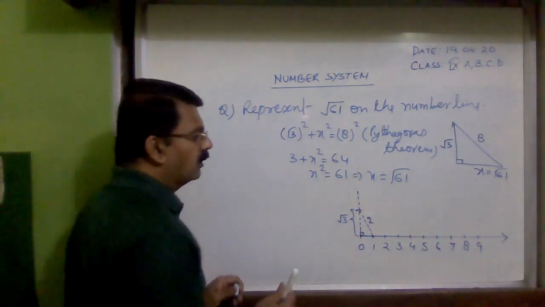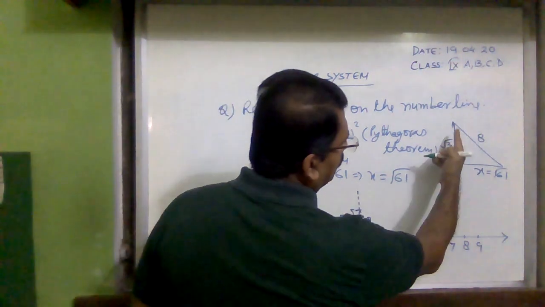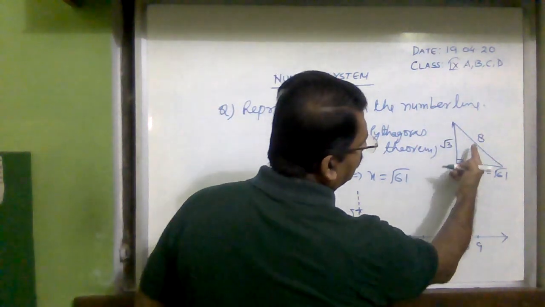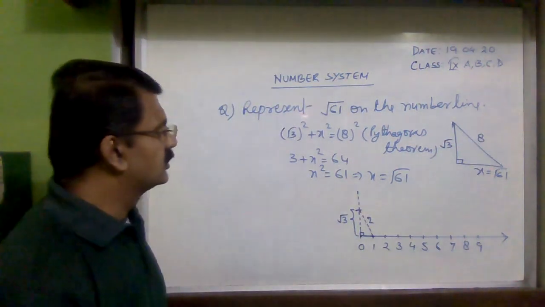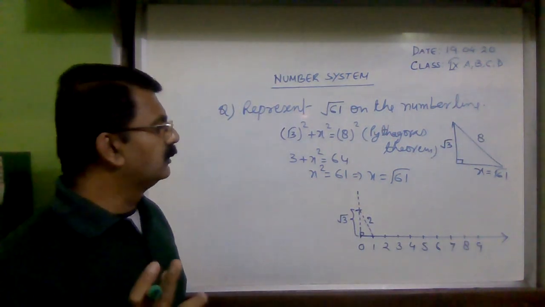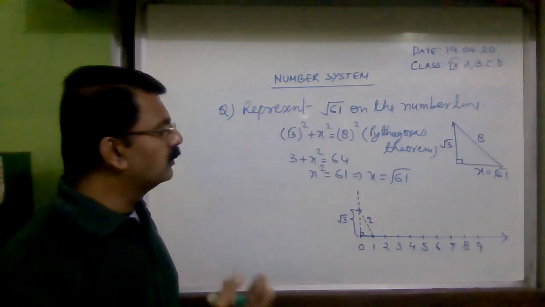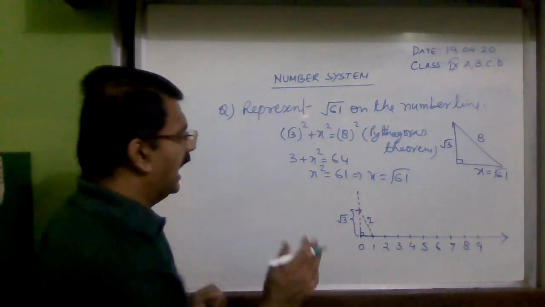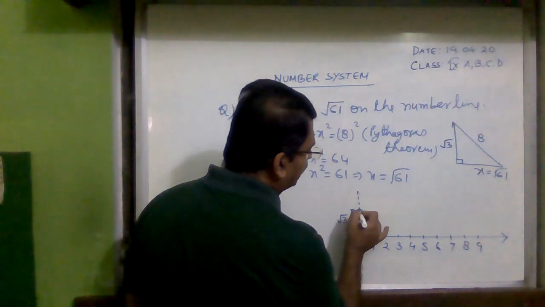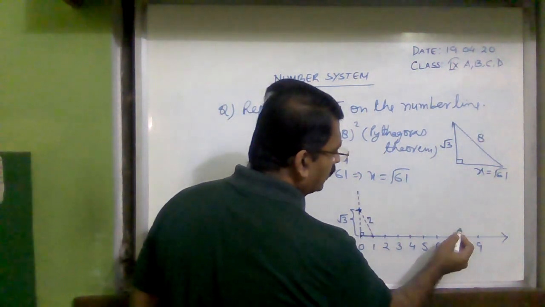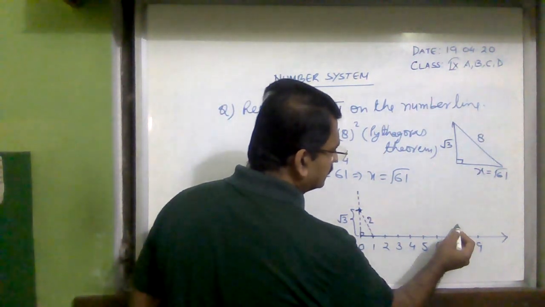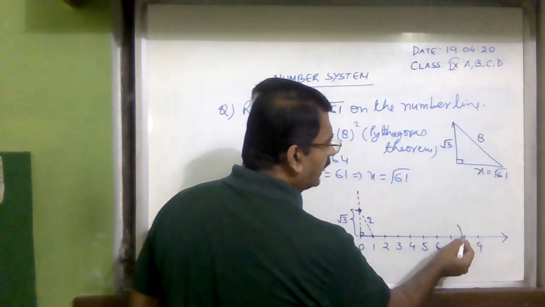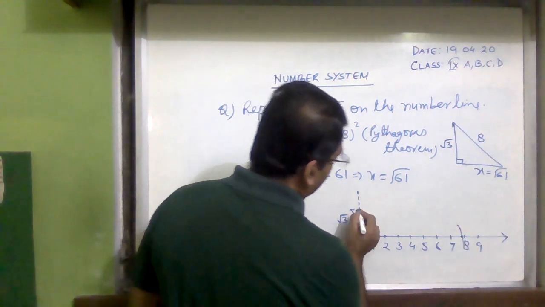Clear? Now, as I told you, the hypotenuse of the triangle should be 8. So in your compass, you take a radius equal to 8 units, and keeping the needle of the compass here, you have to draw an arc, and that arc will cut the number line here.